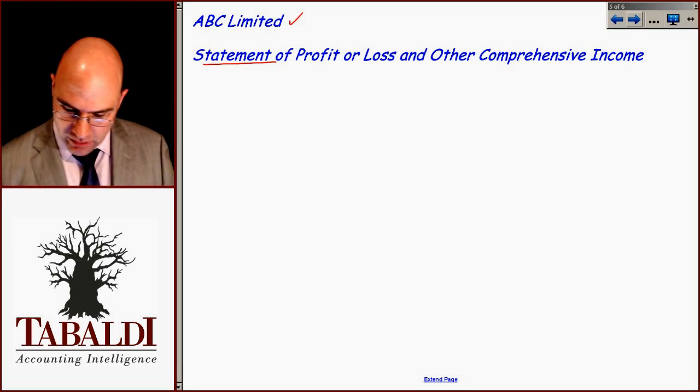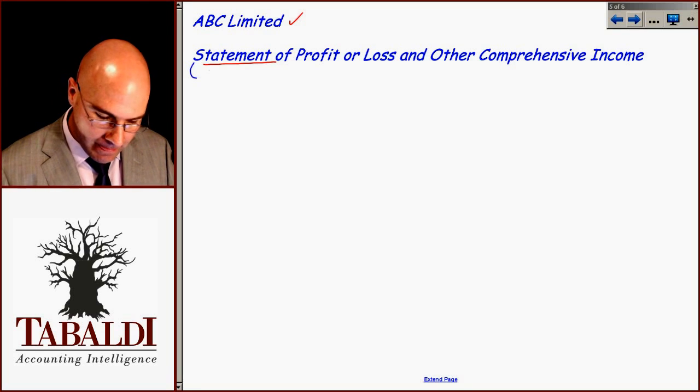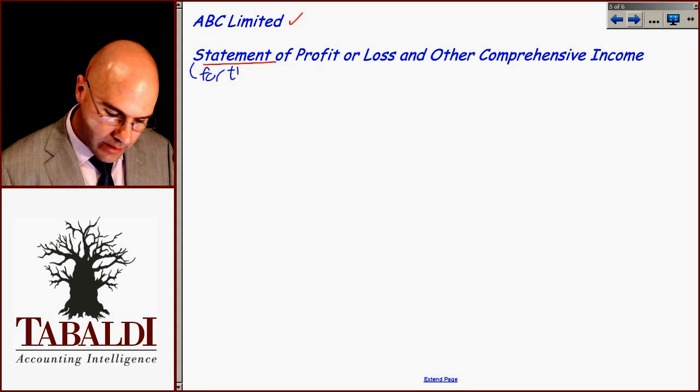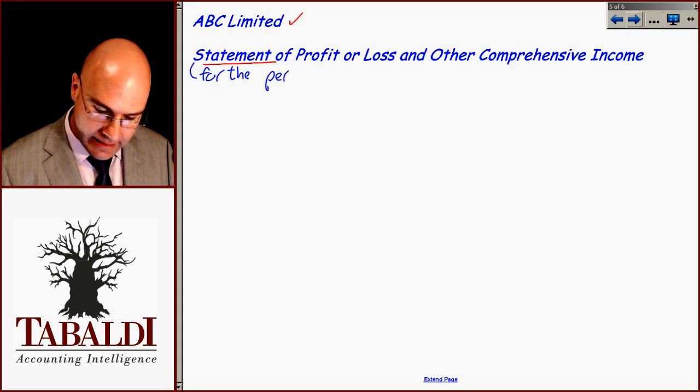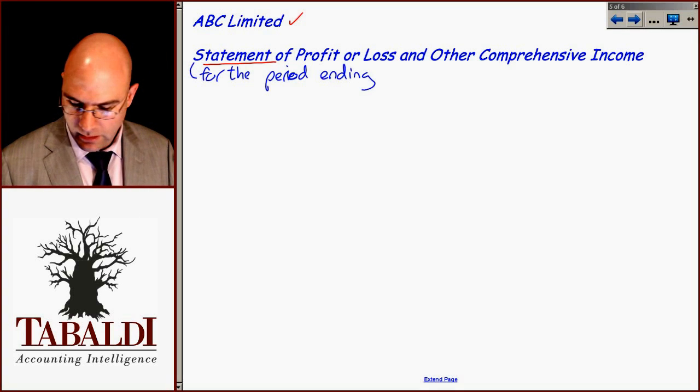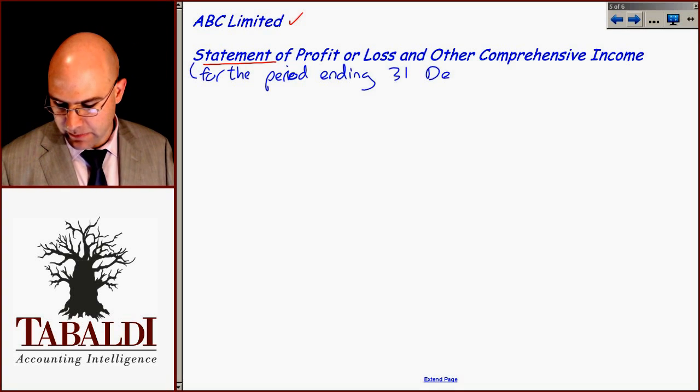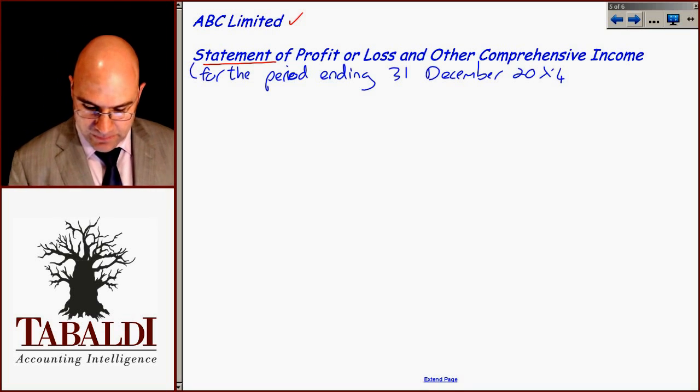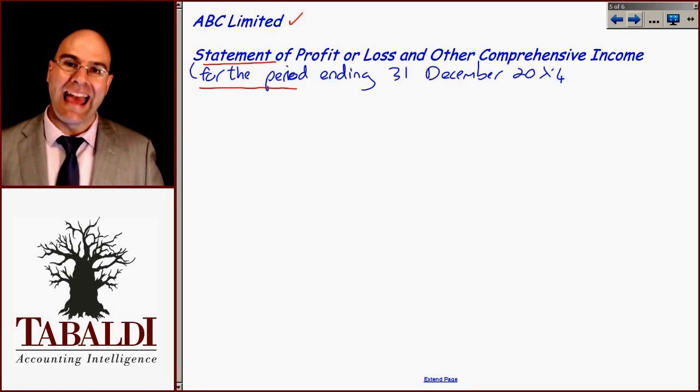So statement of profit or loss and other comprehensive income for the period ending 31st of December 20X4. Take note, it says for the period ending, not at.